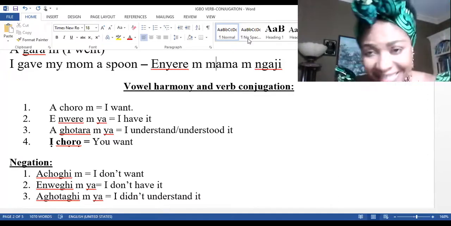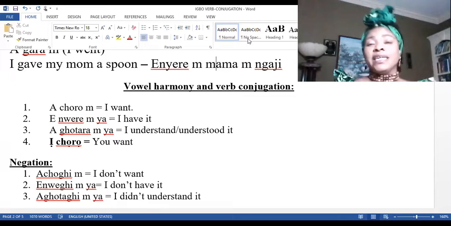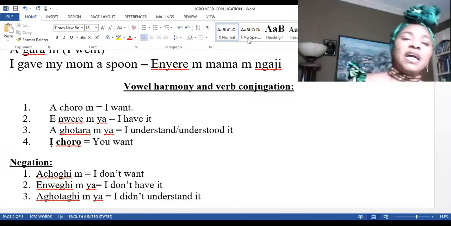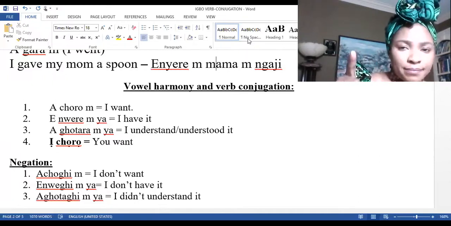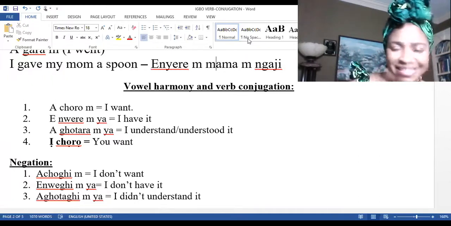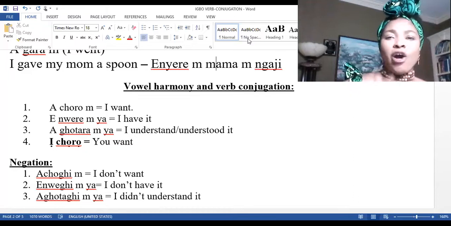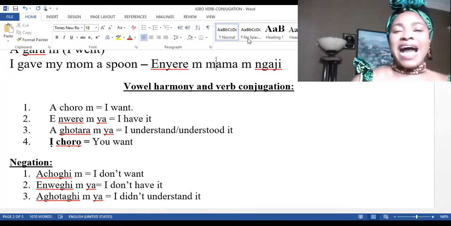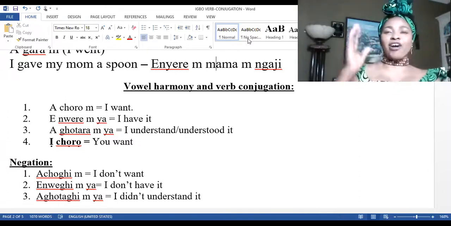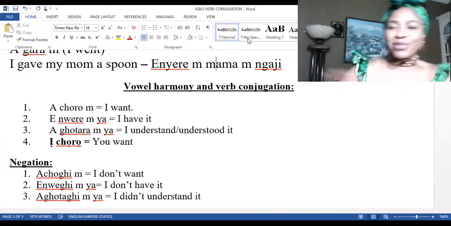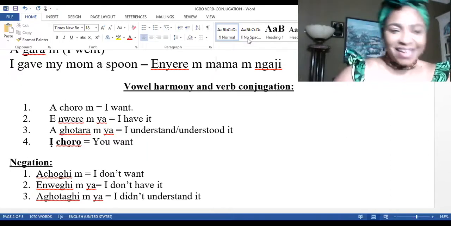It can be in the present or the past tense. Aghọtaghị m means I do not understand. Aghọtaghị m, I do not understand. Okay.